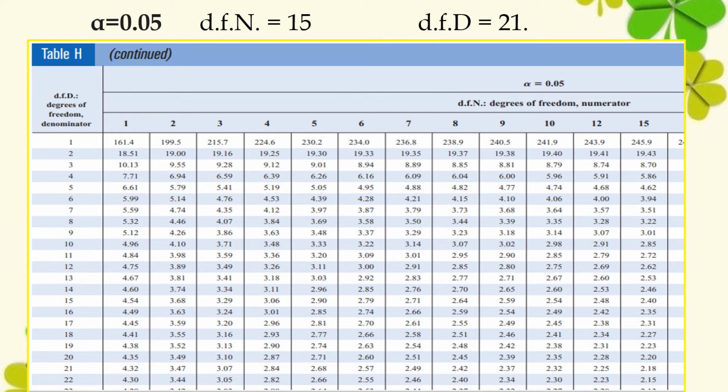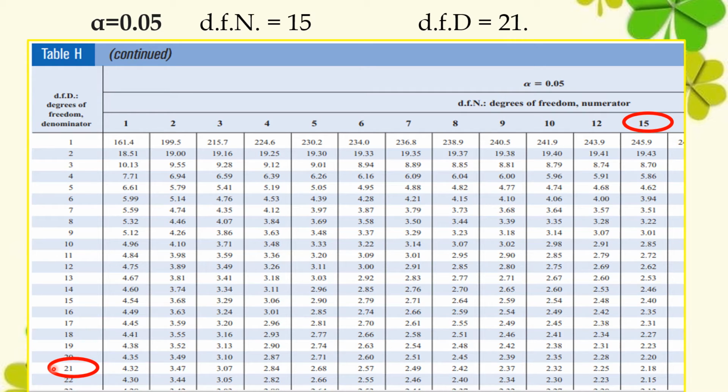Then we are going to find number 15 in the degrees of freedom for numerator in the upper part of the table, and the number 21 or the DFD on the left side of the table. So number 15 is in here, while 21 is in here.